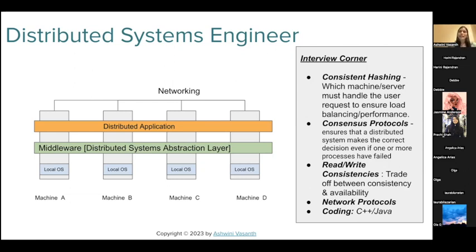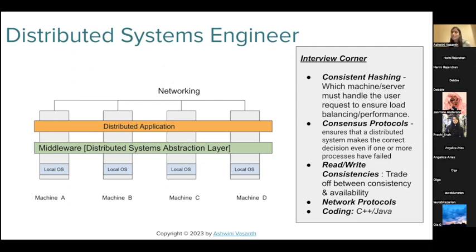But then this becomes complicated with distributed systems because you want to handle the case where one of those systems just dies, right? So the logic to make sure that you have a fair load balancing system, given all of those constraints, is called consistent hashing.